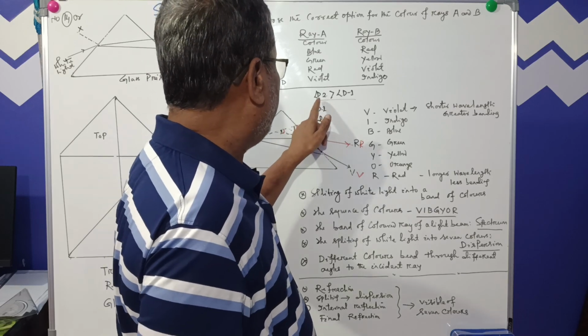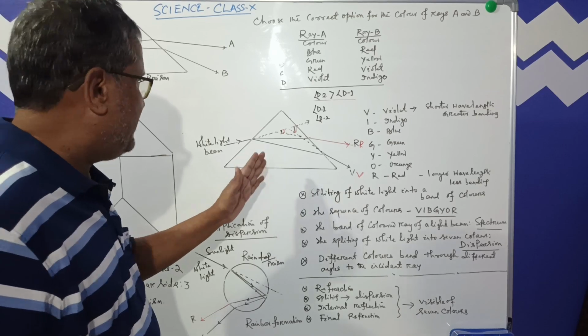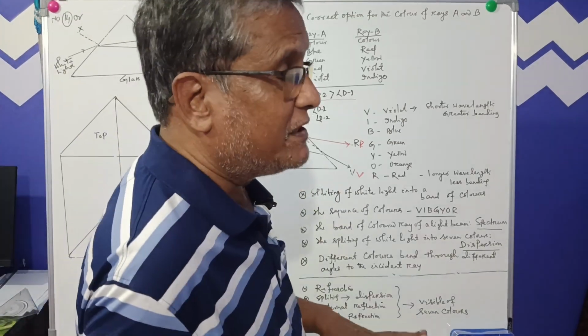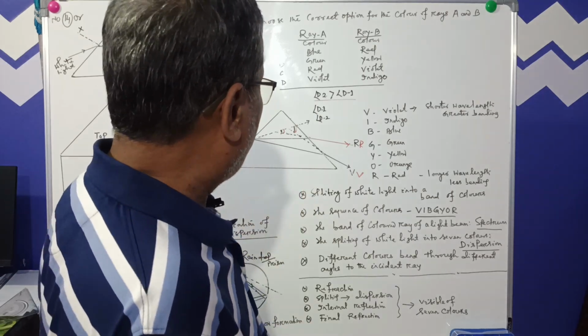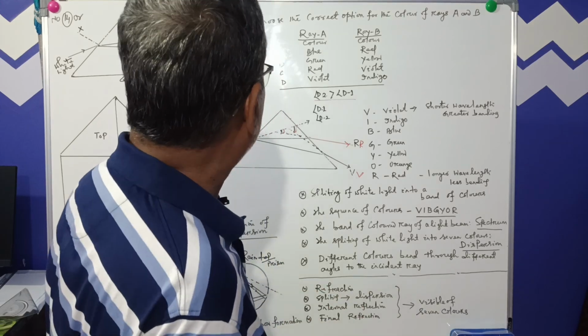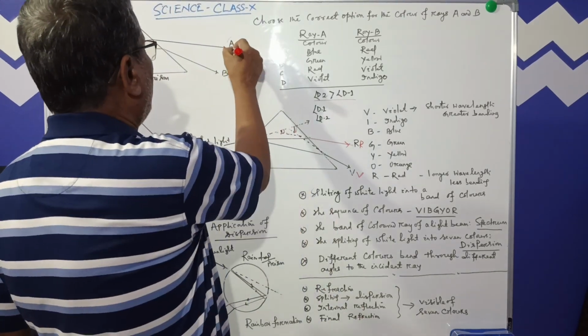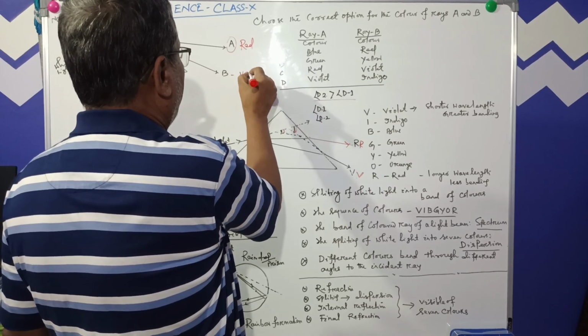Now you see D2 is greater than D1 that we have displayed. And this phenomenon is called dispersion. Now we shall discuss. So red and violet, we got the answer now. A will be red and B will be violet.